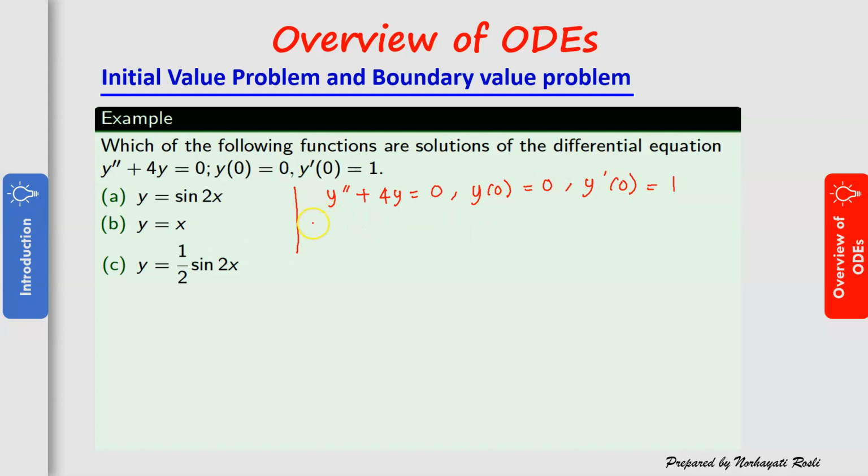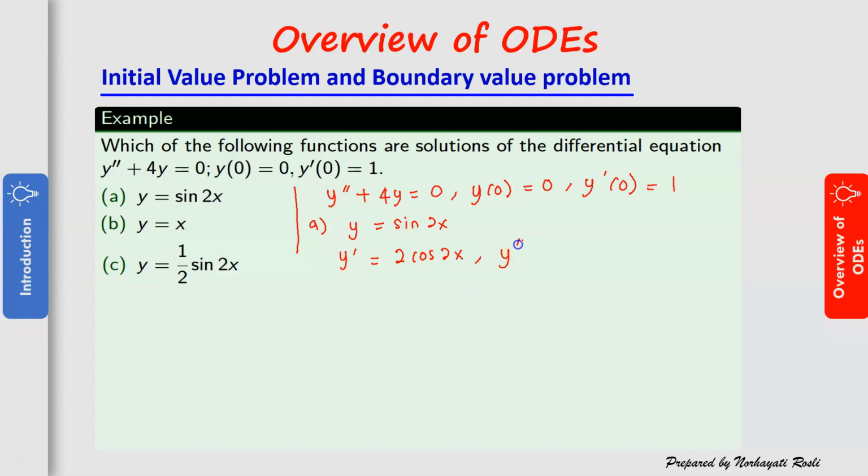How to solve this? Let's check for this A. A is given by y equal to sine 2x. If this function is a solution for this equation, it means that when you differentiate it twice, then substitute y double prime and this y here, you will get equal to 0. Let's do that. When we differentiate this one, we get 2 cos 2x.